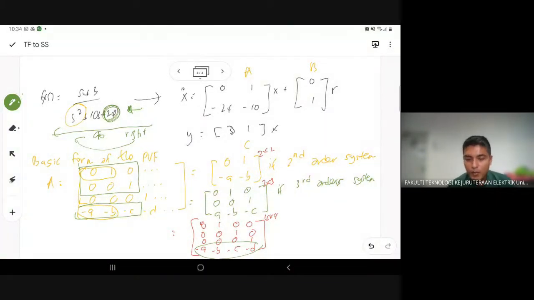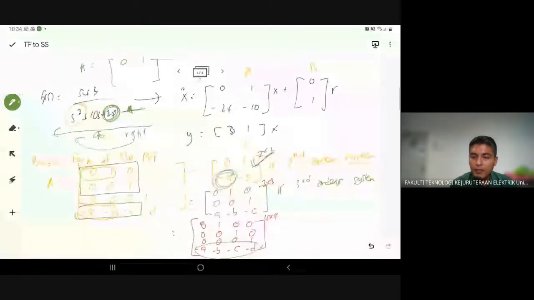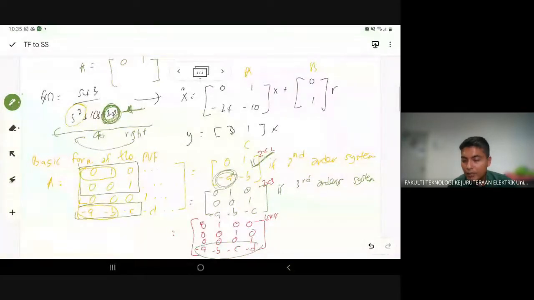Since this is a 2 by 2 matrix, we just use 0, 1 for the A matrix. Your first negative A here: we read from right to left, so the first one we meet is 24, so we negate the number, and it will be negative 24.